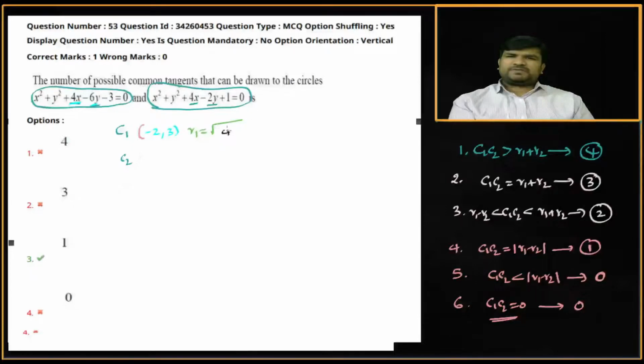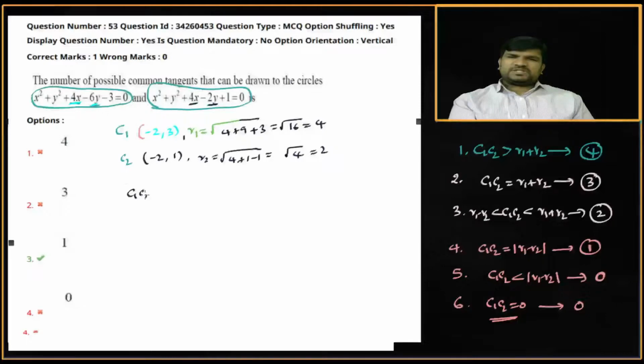So 2 twos are 4, 3 threes are 9, minus of minus plus 3. So root 16, and root 16 is 4. C2, half of the x coefficient and y coefficient with opposite sign, so minus 2 and plus 1. And R2 equals root over 2 twos are 4, 1 one is 1, minus 1. So minus 1 plus 1 get cancelled. Root 4 is 2. So R1 is 4, R2 is 2.